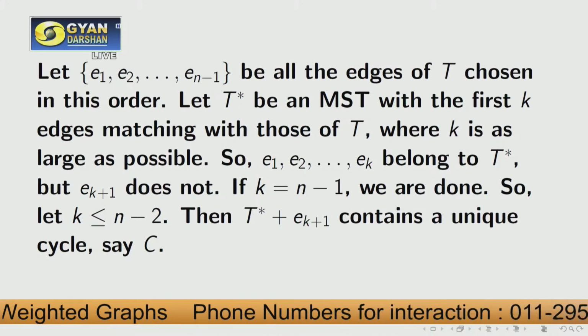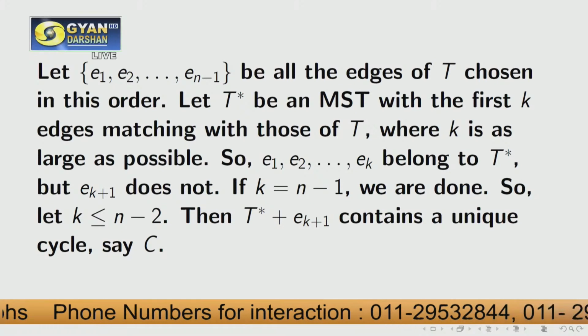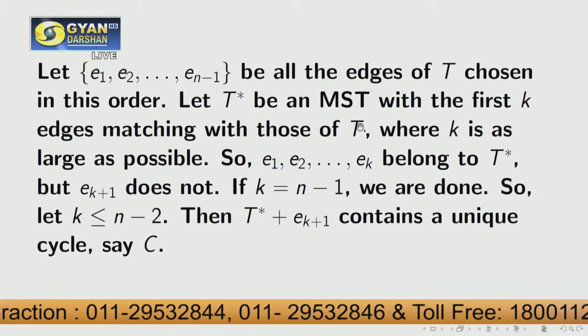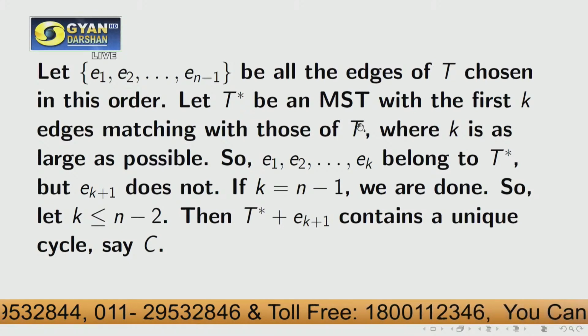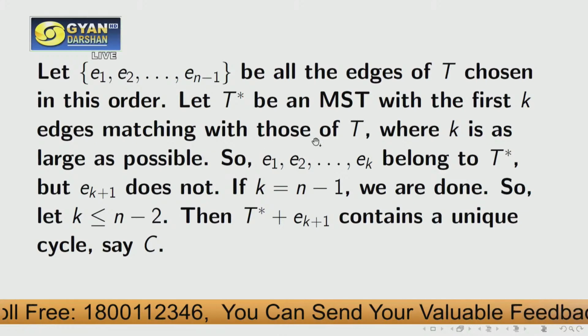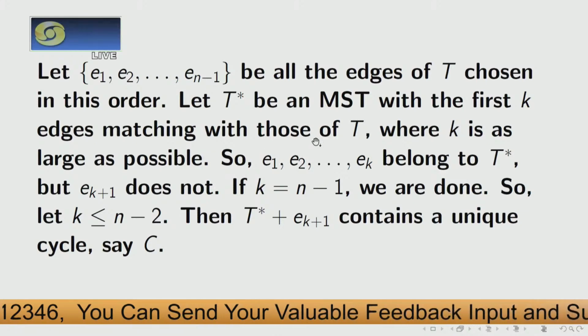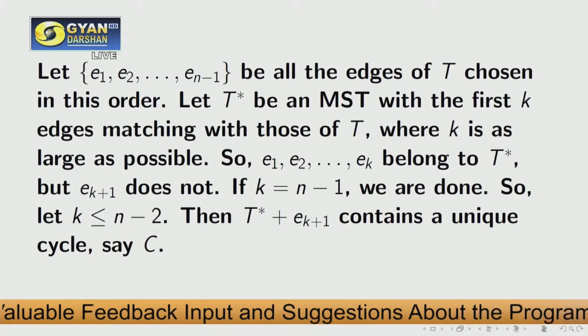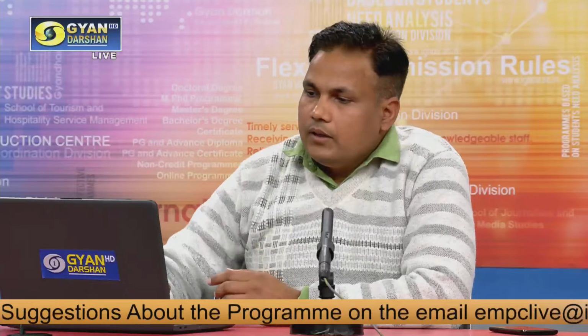In that case there is no edge matching. So T star is a spanning tree with first k edges matching with those of T, and we can further assume that k is as large as possible. There is no harm in this, because if there is such an MST, we can always just pick the one for which k is as large as possible. Okay, so now what we have, the edges E1, E2 up to Ek belong to T star, right? But Ek plus 1 does not belong.